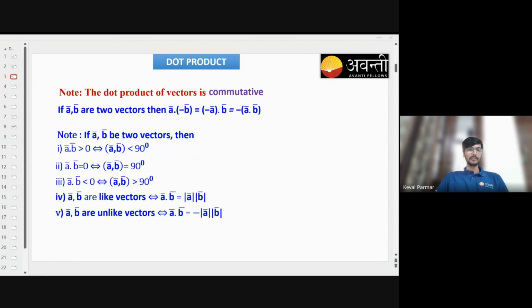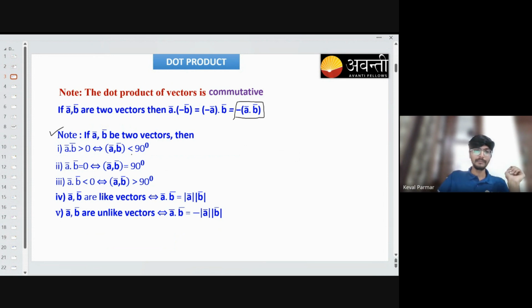Next, if A bar and B bar are two vectors, then A bar dot minus B bar. Since dot product is commutative, we can take the minus outside and write it as minus A bar dot B bar. Got it?